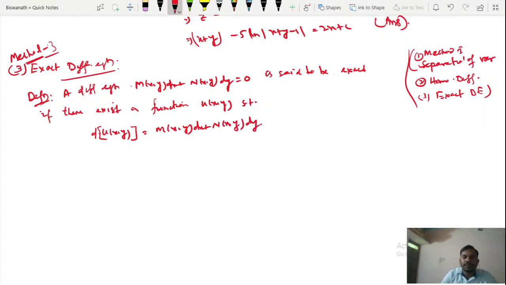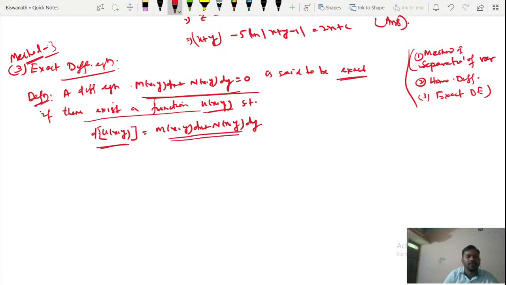So if any differential equation is given in this way, it is said to be exact if there exists a function u of xy such that the derivative of u of xy equals this. If this happens, then this is an exact differential equation.